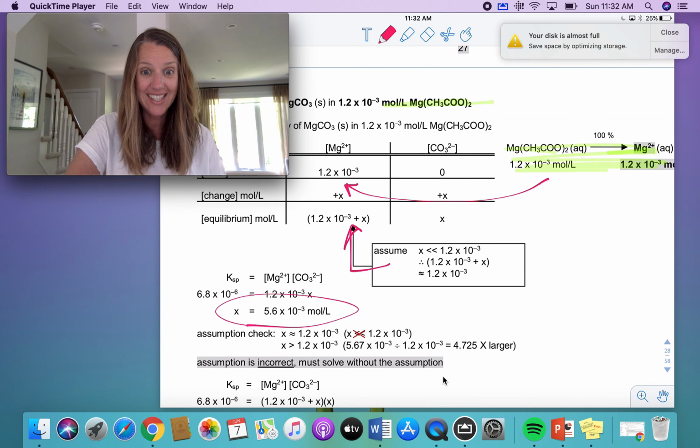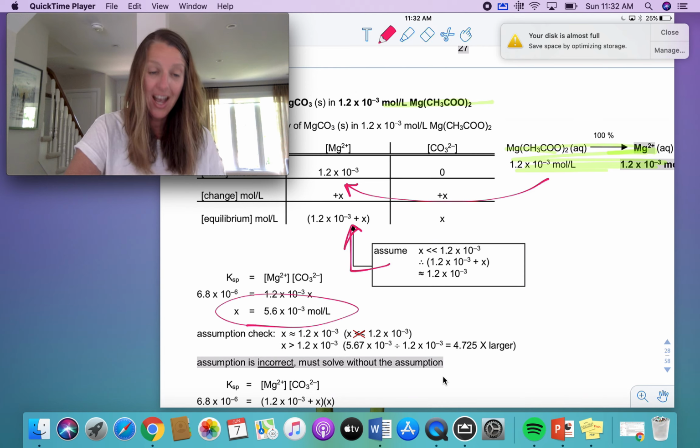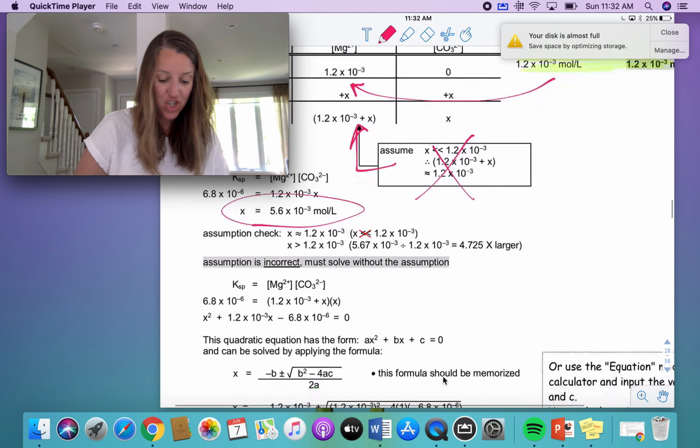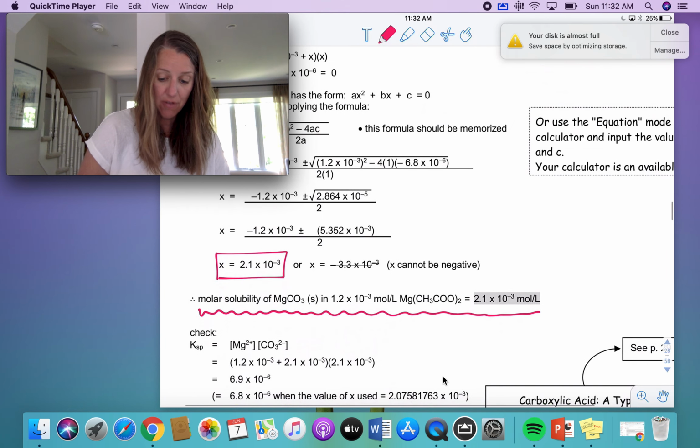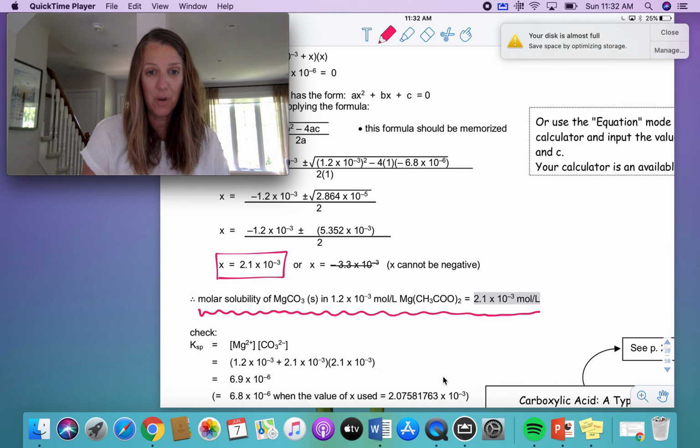That is not less, right? In fact, it's greater than. I can't use my assumption for this question. It just means you have to solve it using the quadratic formula. And when you do, then you get an accurate read for the X value, which would be 2.1 times 10 to the negative 3. Okay?